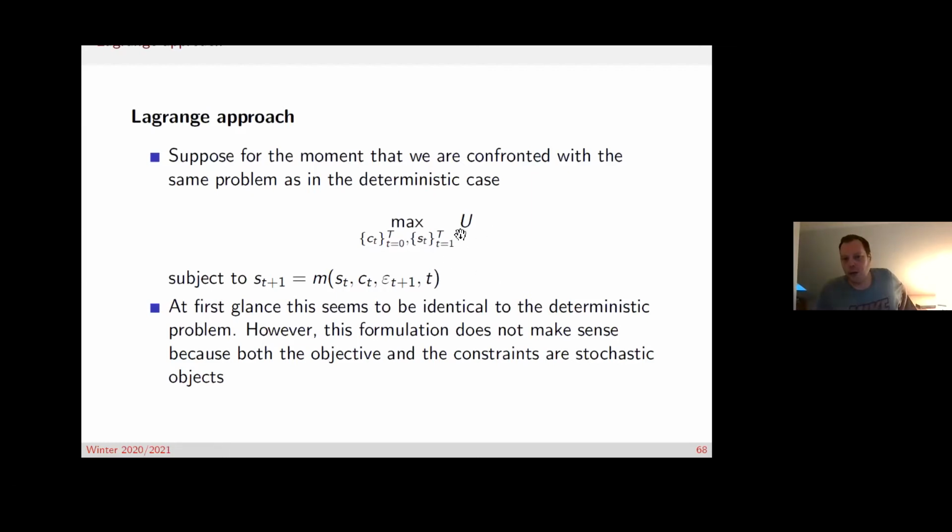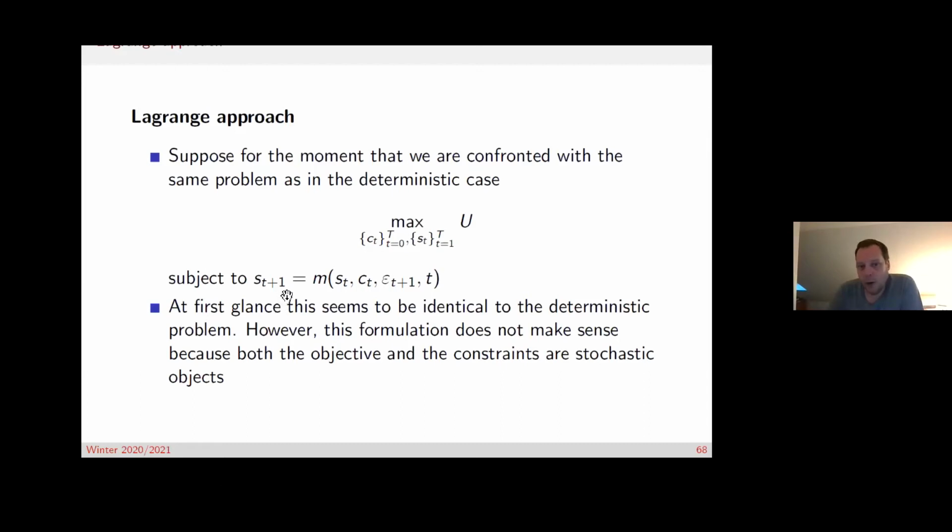Okay, and in the general approach it is the same. So what we want to do is maximize some utility function, and the utility function is described as the sum of all contemporaneous utilities up to the end of some planning horizon, capital T. It could also be an infinite horizon problem. You could discuss this here as well, but we have here the finite horizon, capital T, and we have the stochastic law of motion.